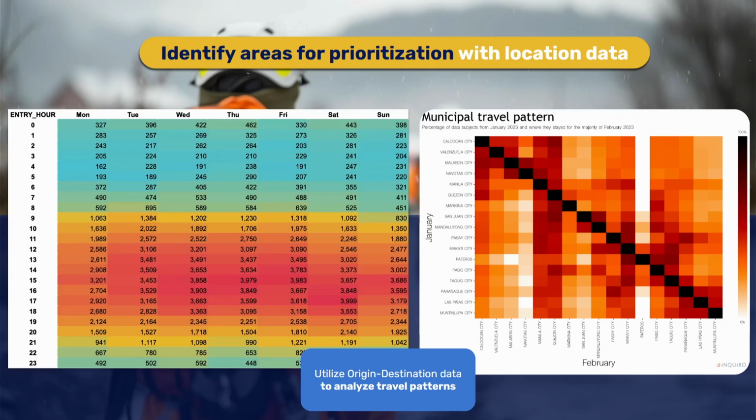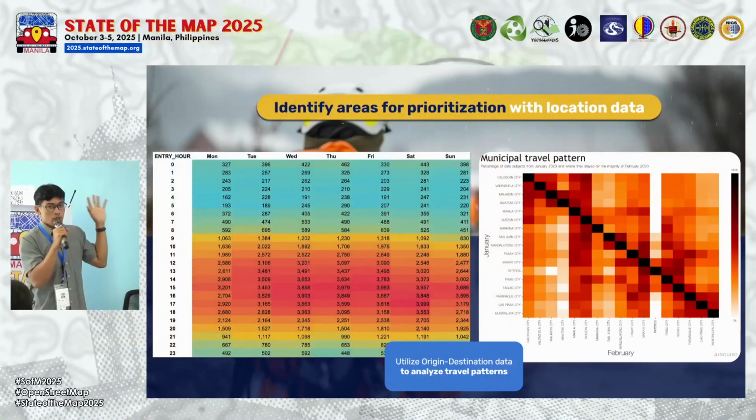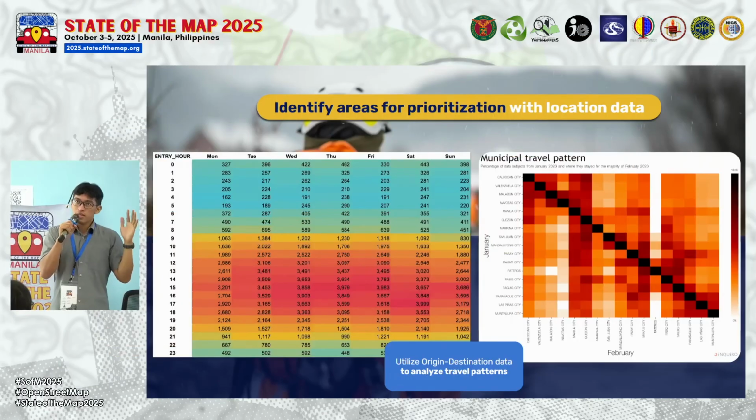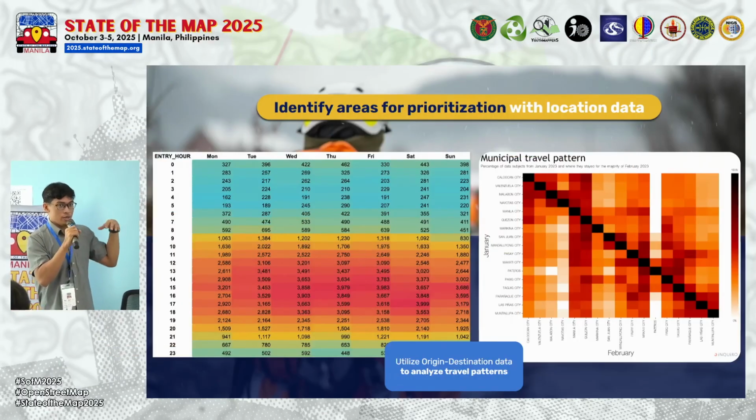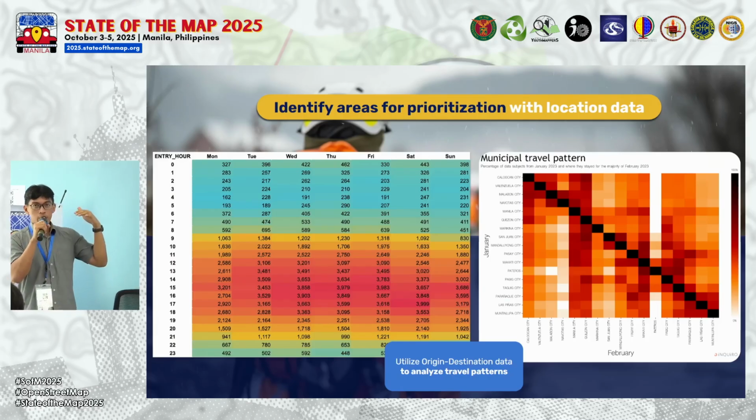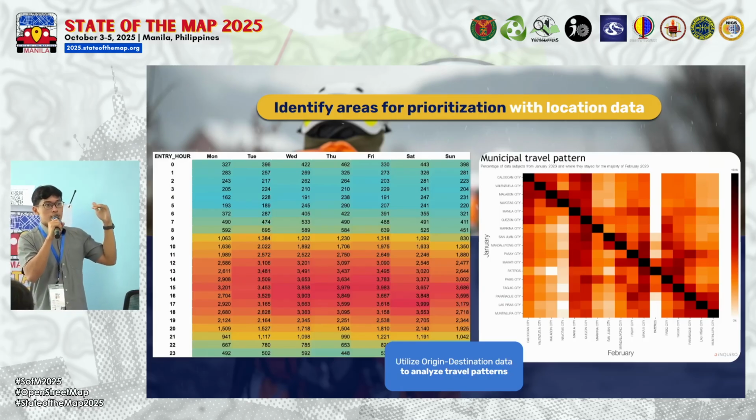We can see how many people are in the mall and what time they usually go. On the aggregate level, malls can see, okay, at this time we usually get a lot of people, and we know their age. If we know their age, maybe we can open more promotions for those age groups.